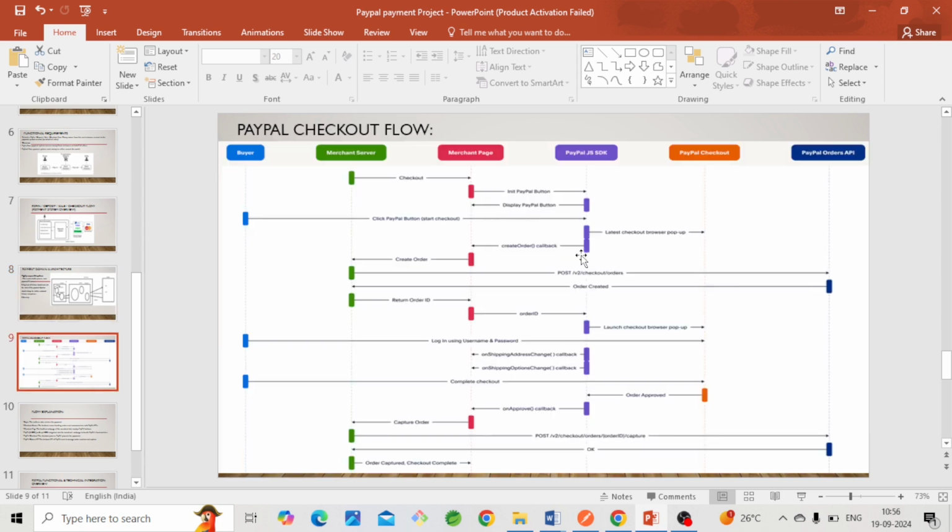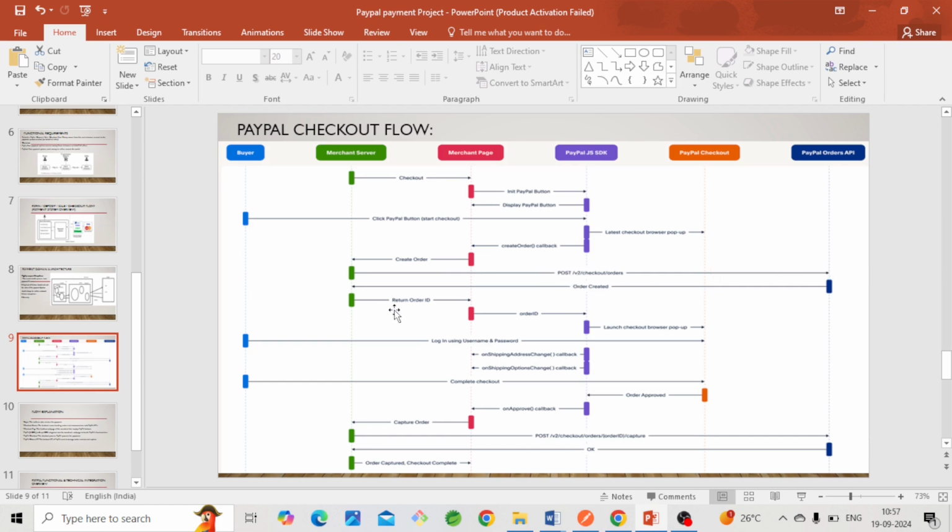So when the buyer clicks on the PayPal button, an order is created by using a post request. The create order callback goes to the merchant server, and then a post request is made to the PayPal Orders API, at /v2/checkout/orders.